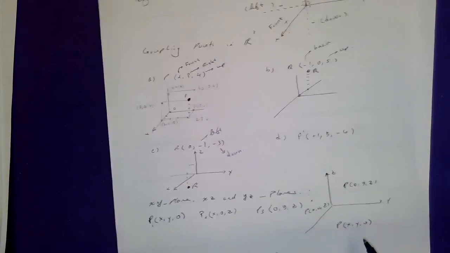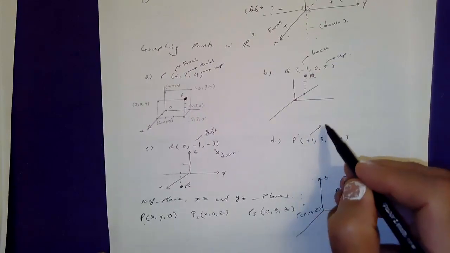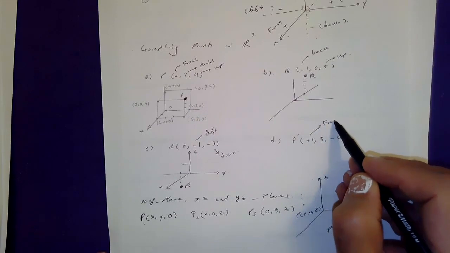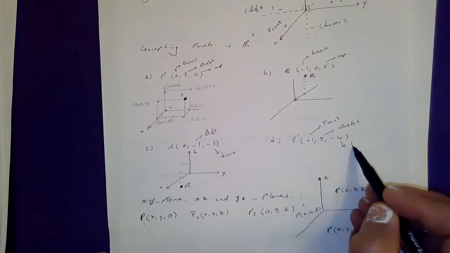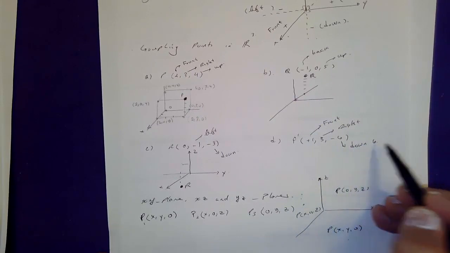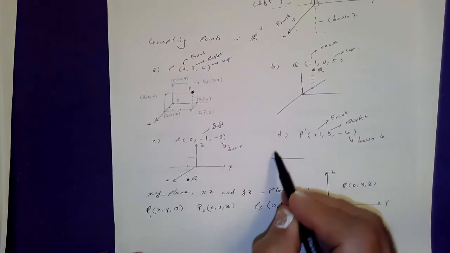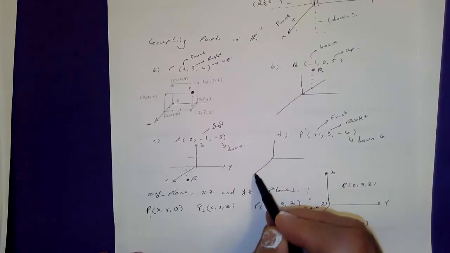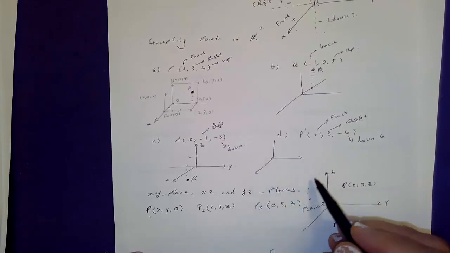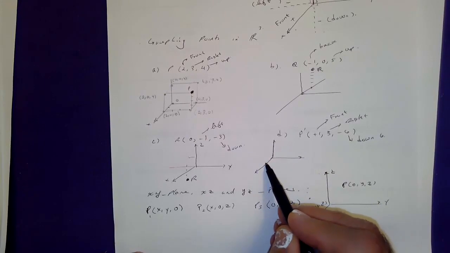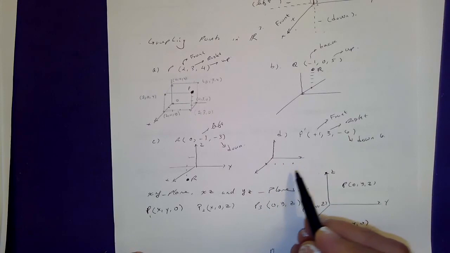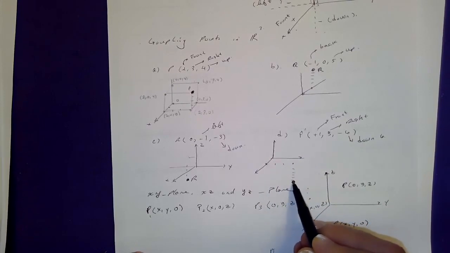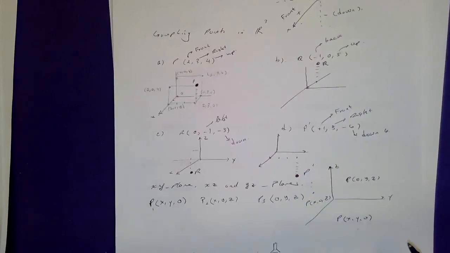So that's point R. This guy, you go front 1, right 3, and down 6. So that would be your right hand rule axis. So I'm going up front, 1 unit positive, 3 to the right, 1, 2, 3, down 6, 1, 2, 3, 4, 5, 6, right about here. That would be like point P prime.